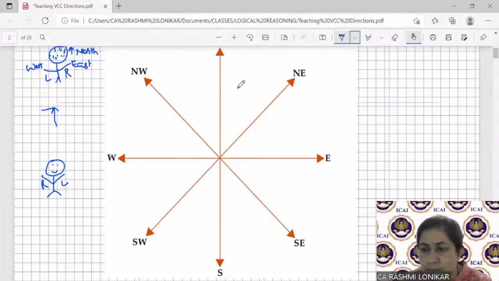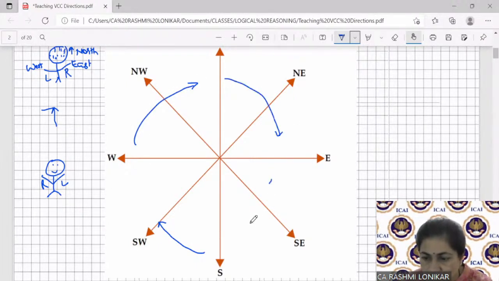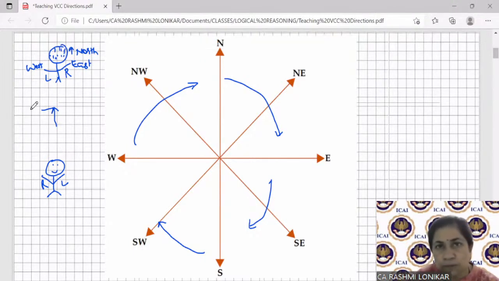Also remember that south to west, I'm going clockwise, west to north, north to east, and east to south. Okay, so remember one direction, it becomes easier for you to find the others.